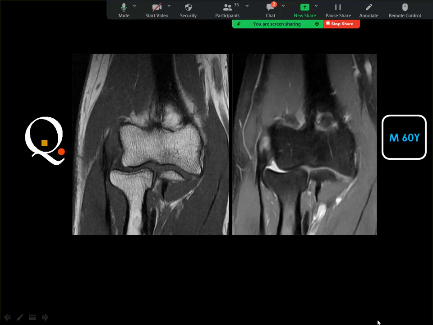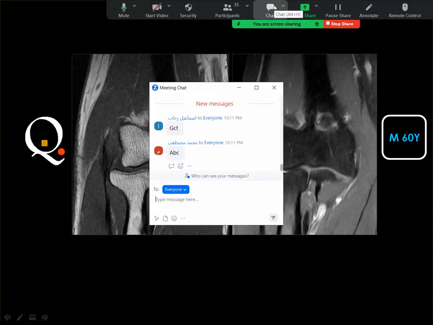Next case is an MRI of the elbow of a male patient, 60 years old.